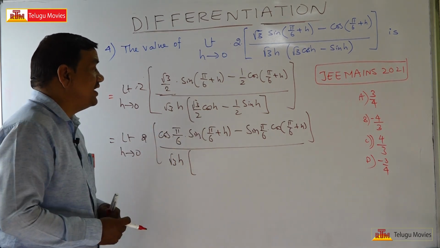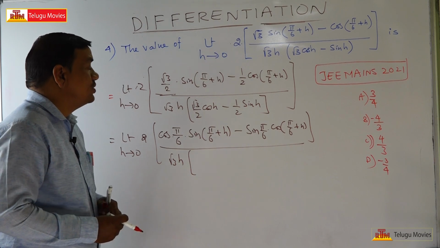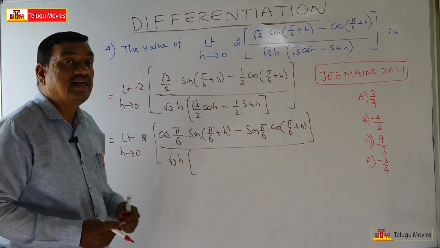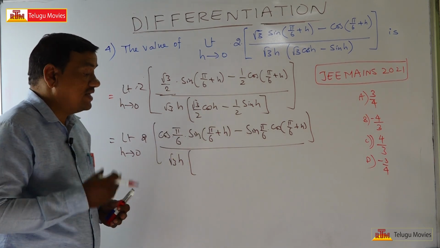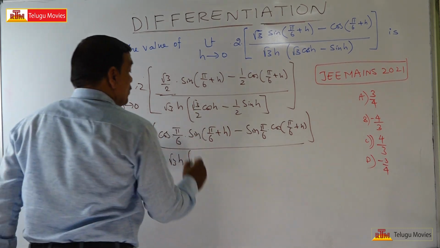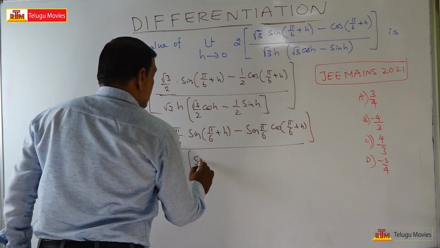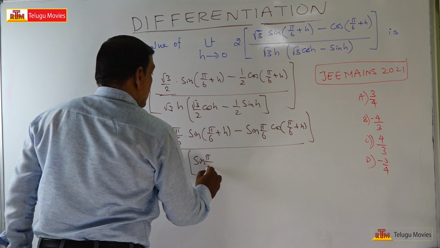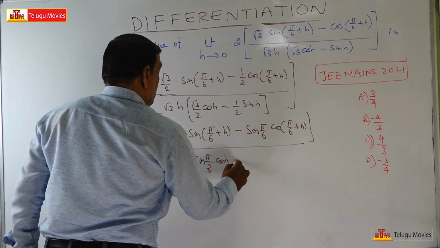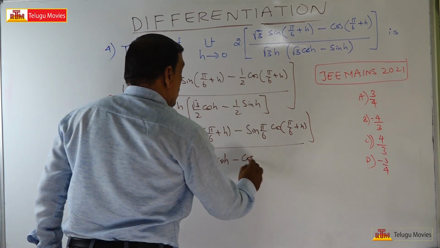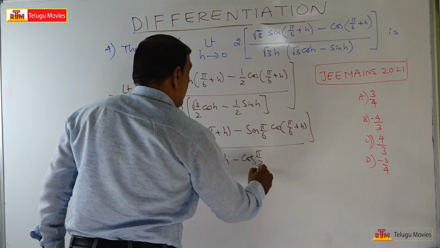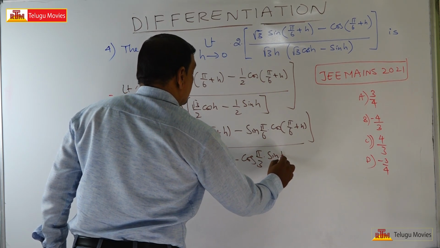So how to make it into a single entity? So here also we can make it as sin A cos B plus cos A sin B. So this is equal to cos 60, that means pi by 3 into cos h minus cos pi by 3 into sin h.